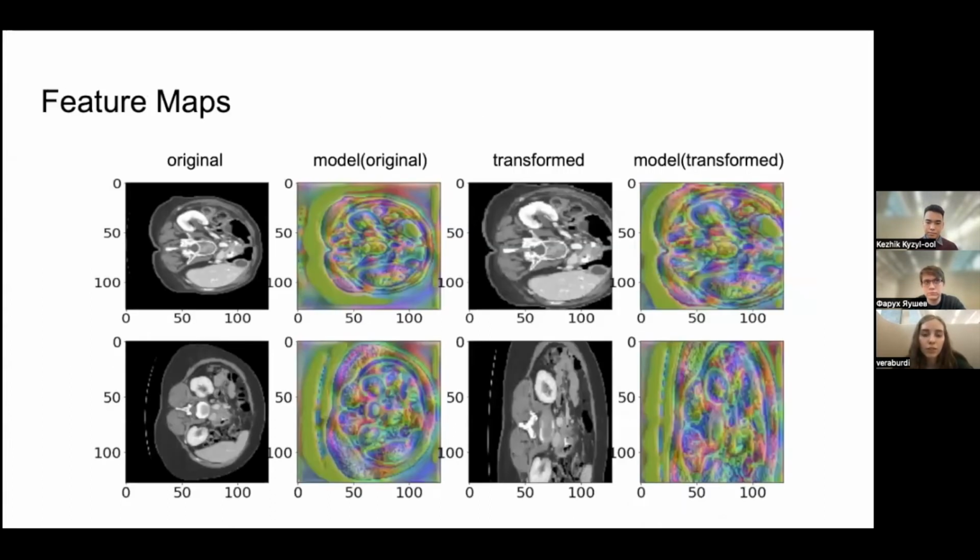Here you can see the feature maps that our model learned. We have several original images and the feature maps for them, and transformed images with feature maps for the transformed images. As you can see, there is an equivariance between these two feature maps, and pixels with the same spatial coordinates really correspond to close features.